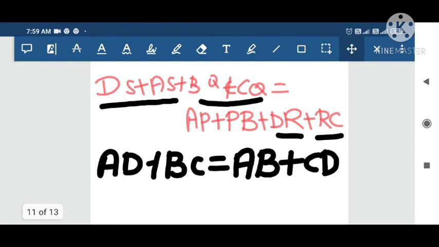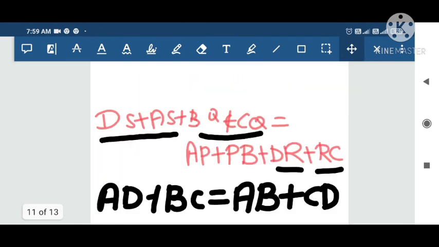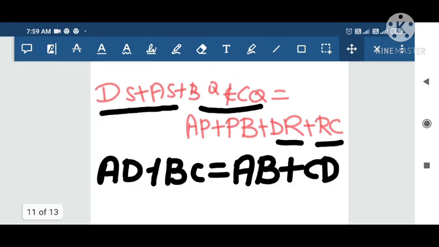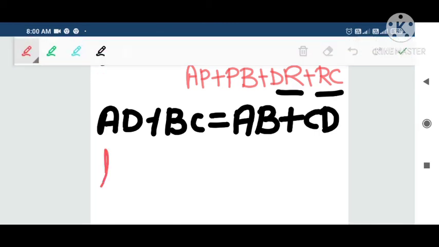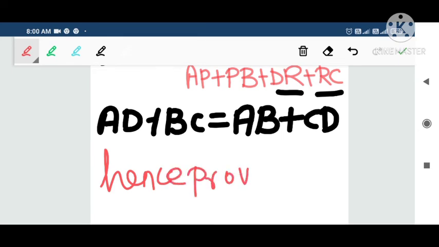Left and right should be interchanged, but we proved AB plus CD is equal to AD plus BC. So hence proved. Next we move on to question number 9.